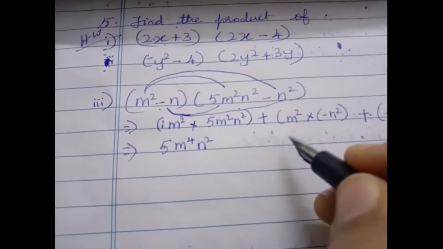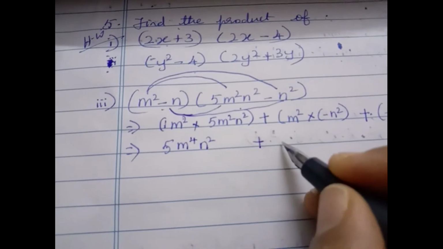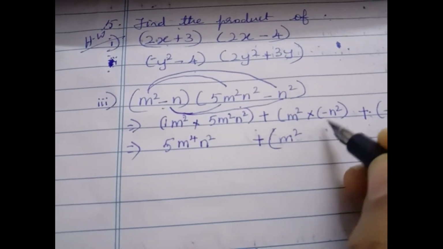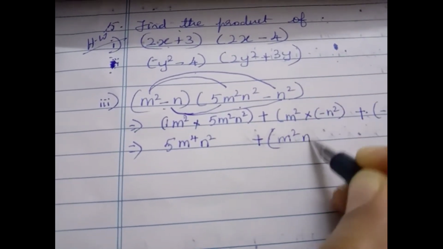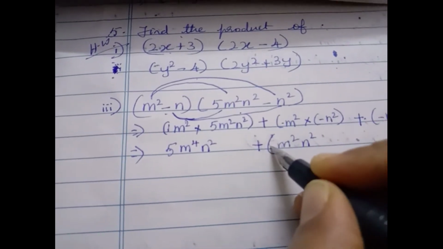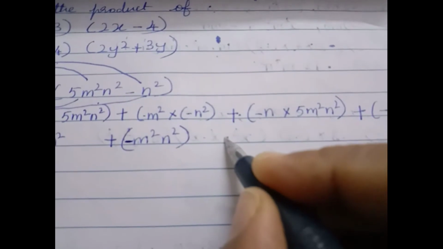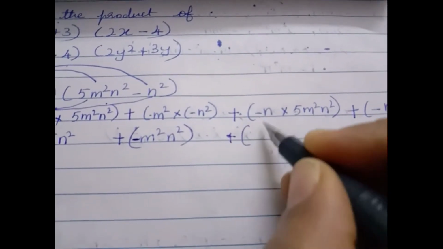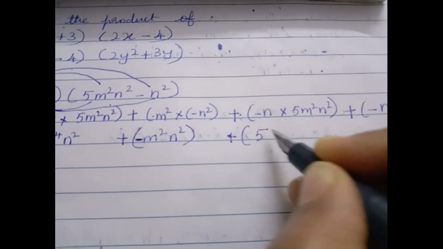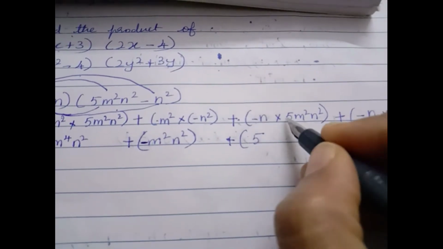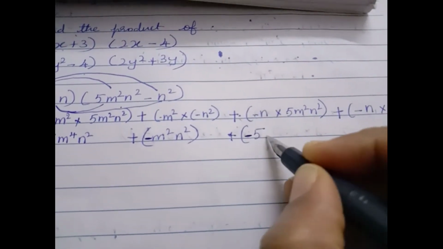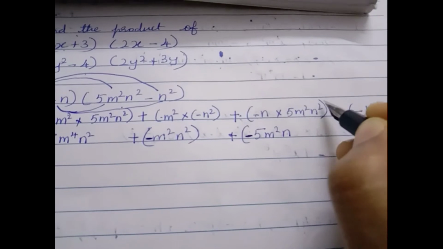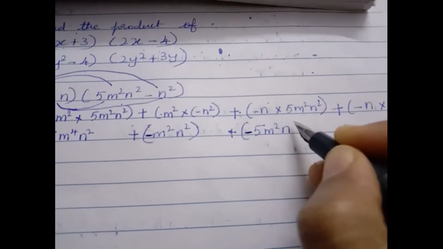Then plus m square n square, plus into minus is minus. Plus 5 into 1 is 5, plus into minus is minus, m square n, 1 plus 2 is 3.